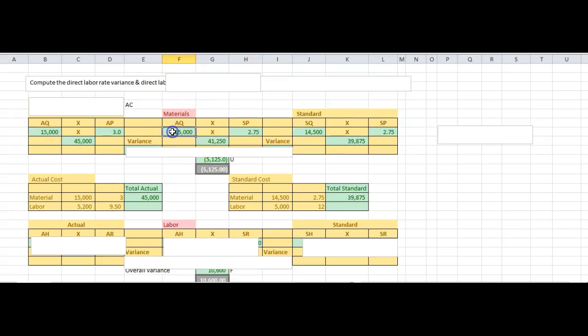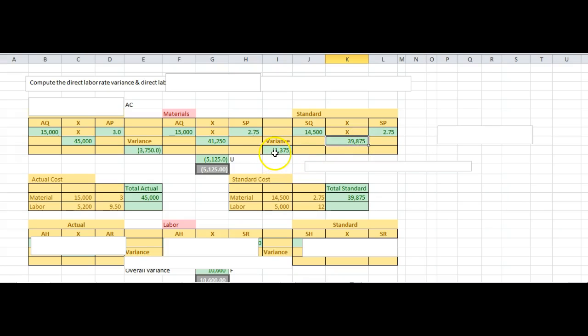So here's my actual quantity, and I'm going to apply the standard cost to it. So if I had used the standard cost, it would have cost 41,250. Still above, right?